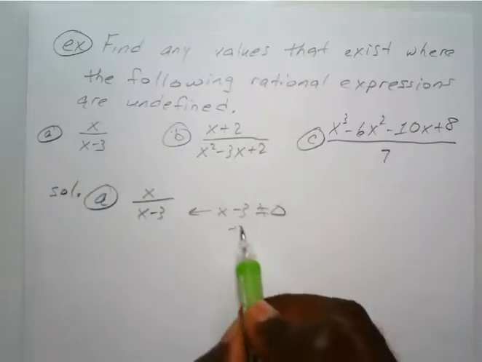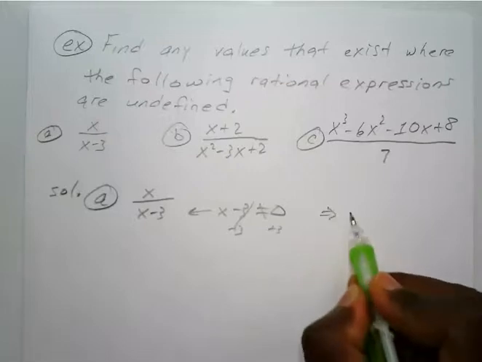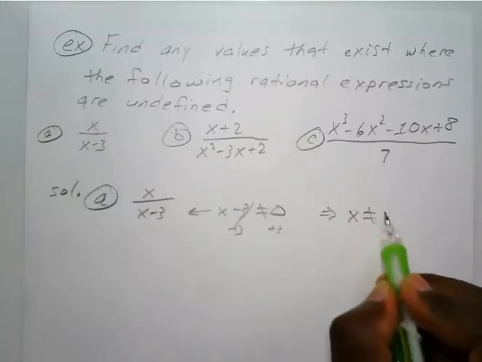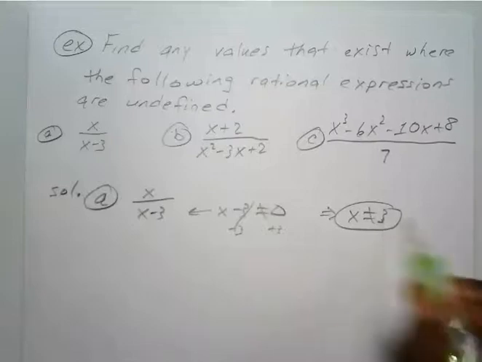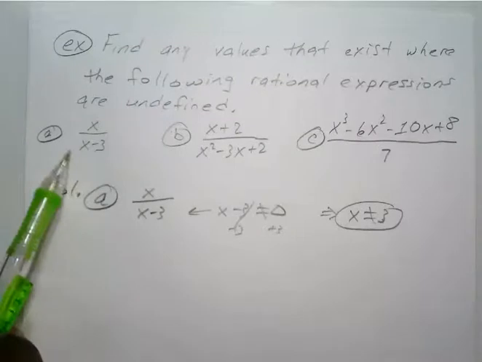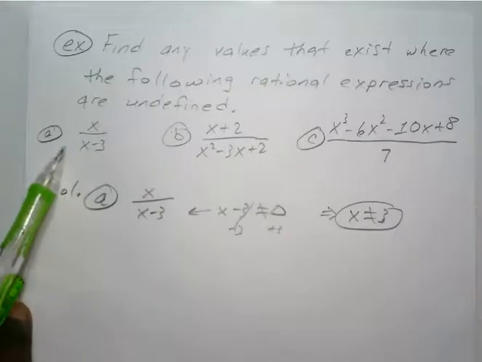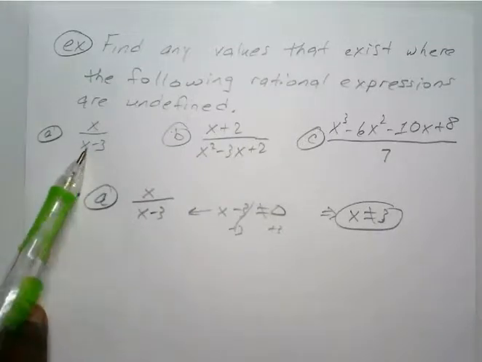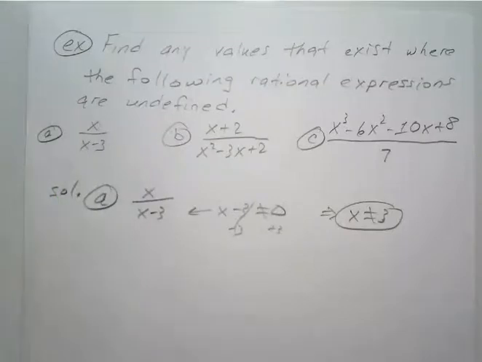If we add 3 to both sides, that lets us know that x cannot equal 3. Now, you can plug in any other value for x. You can make it 1, you can make it 2.8, you can make it a billion, any number in existence except 3. Because the minute you plug in 3, you get an undefined quotient.